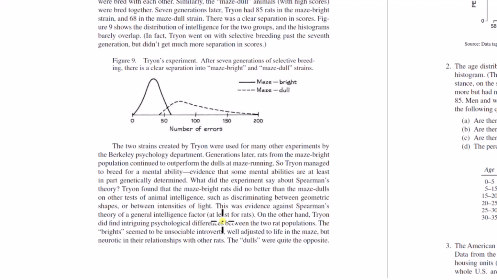So in other words, to me, you need to start with a big population of rats and then perform a bunch of tests to see which rats are in general more intelligent and which rats in general are less intelligent. You need to know that information first. Then you perform the selective breeding process when it comes to a specific task, the maze. That would have been the proper way to test Spearman's theory.